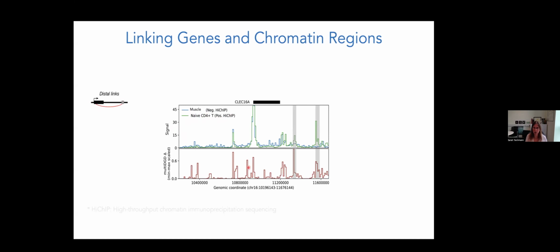So what we did was train on, I think it was CD4 T cell multiome data, RNA and ATAC, and then see whether with our perturbation model we can recapitulate the links that are observed experimentally in the CD4 T cell data.